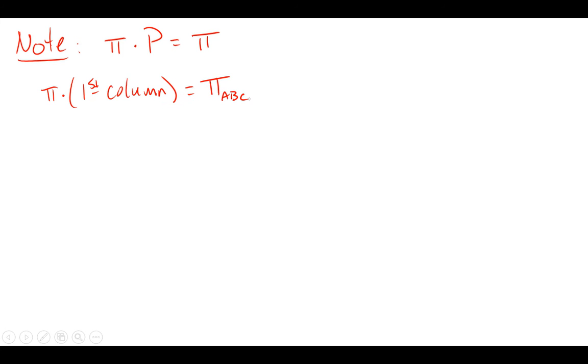That's the first entry in pi. So if I take all of pi and dot it with the first column, I should get that. And of course, obviously, the second column is also true. Oh, this is looking good.